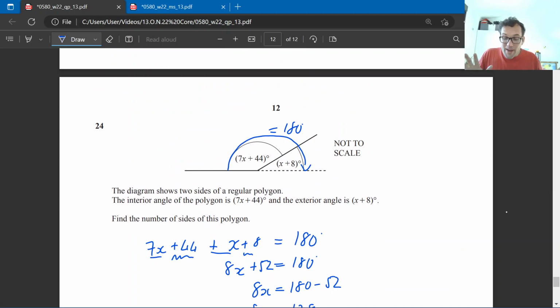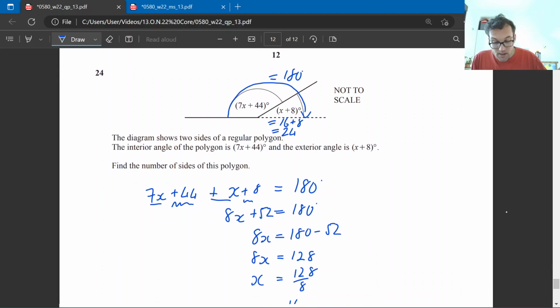So now that we know x is 16, we can work out the actual size of the angles. Okay, so the exterior angle, this angle here, will be 16 plus 8, which is 24. We can work out the interior angle, but this is not relevant actually, because what do we know about exterior angles of any polygon?